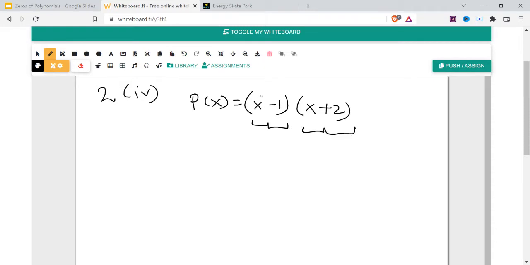If I multiply them, x times x, this one, this one, and this one, then that will be an equation of the form x squared one term, x one term, and minus 1 one term. So that is the overall polynomial equation, but this is the factor form of the polynomial equation. Which form? Factored form.